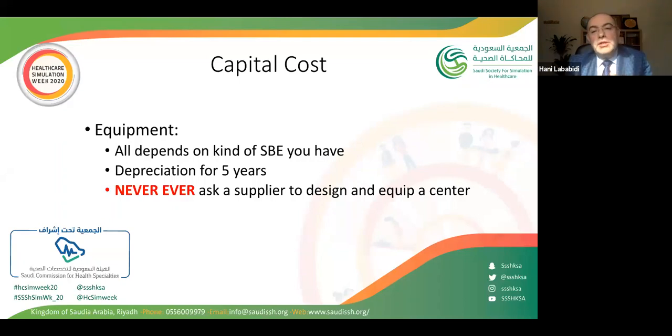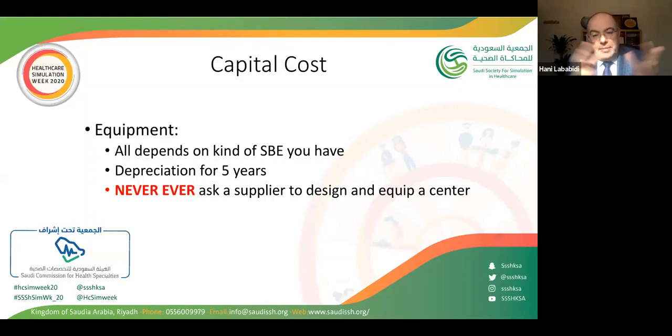Now, when you want to make the calculation, always in a business model we ask over how long we put the depreciation of this equipment. It is safe to say put it at 5 years. Even a task trainer you can use for 7 years until they really fall apart and you cannot use them anymore.